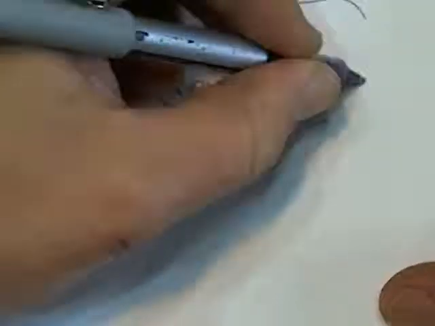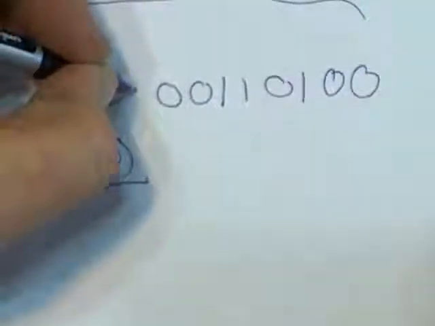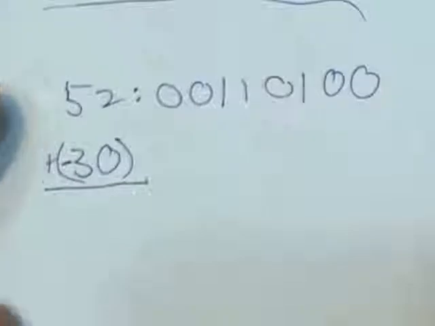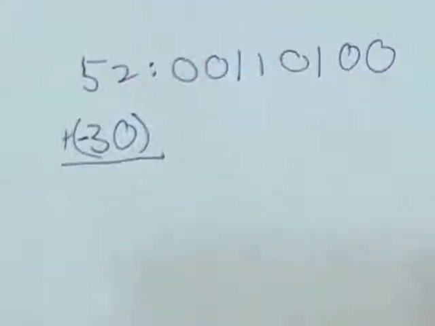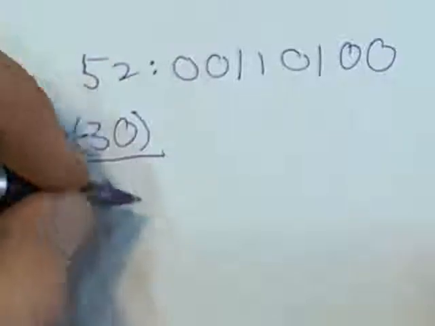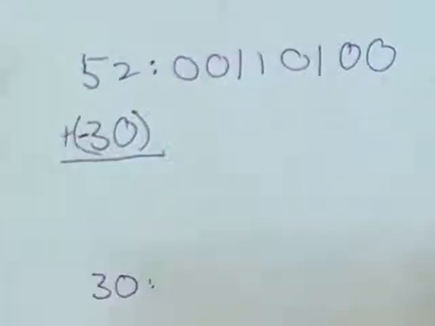52 is 00110100. How do we make negative 30? That is how 2's complement is used. Here we go on converting 30 into a negative 30. First of all, we start with the number 30.